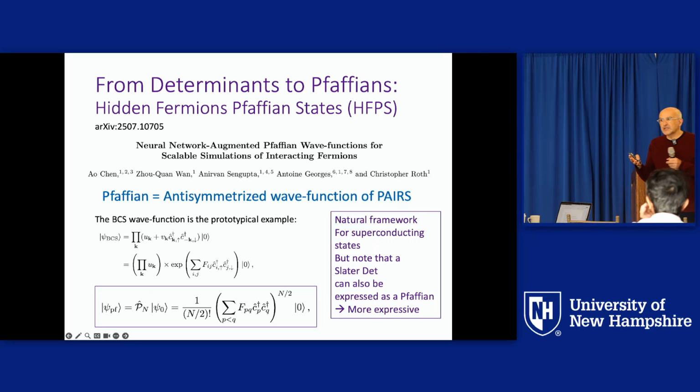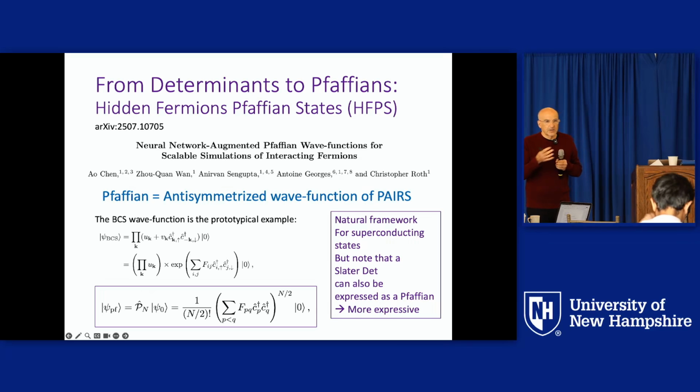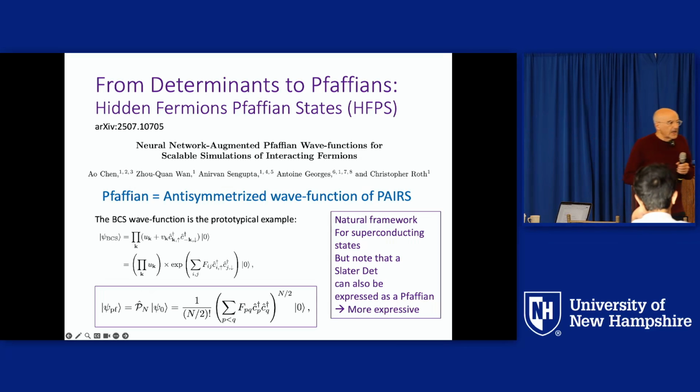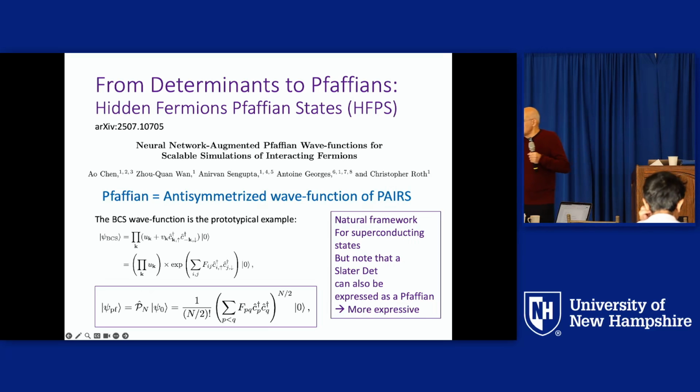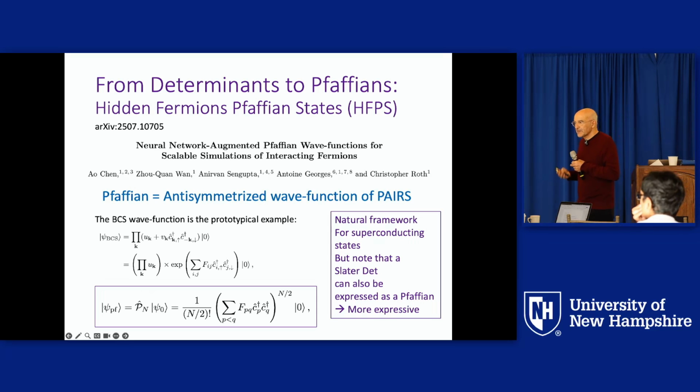You can optimize the hidden fermion determinantal wave function in a situation where you know there is superconductivity, like negative U. And then the way to detect it is to measure the long-range behavior of the pair or the order parameter correlation function, right? And see if it asymptotes to a constant non-zero value. Even if you have a Slater determinant architecture, your wave function is going to be able to capture that.